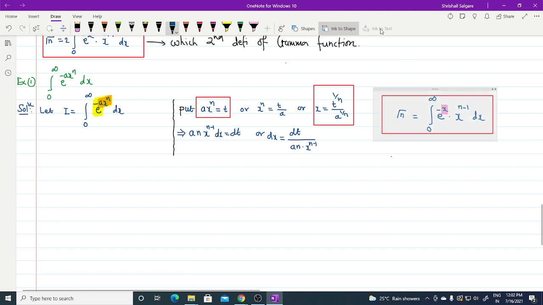Now look, what about the limits? I will write limits in the given form. So for a given limit x, limits are from 0 to infinity. Now you can use the second one or the first one, anyone. Suppose the first, if you are using this one, if x is equal to 0, what is t?